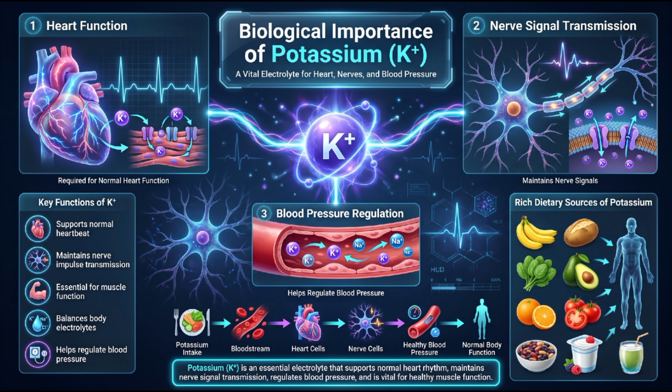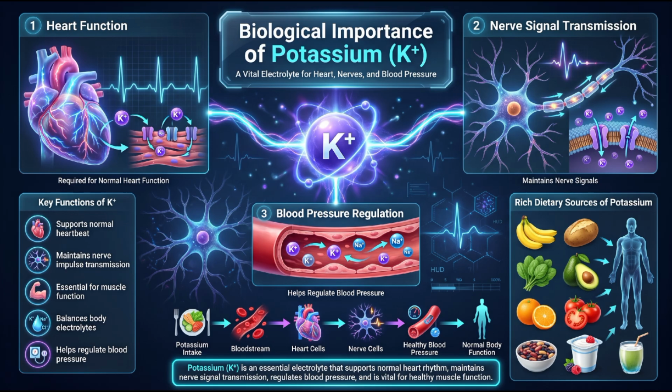One of the most important functions of potassium is maintaining normal heart function. The heart is a muscular organ that contracts rhythmically throughout life, and every heartbeat depends on precisely controlled electrical signals. Potassium ions help generate and restore the electrical impulses that regulate the heartbeat.